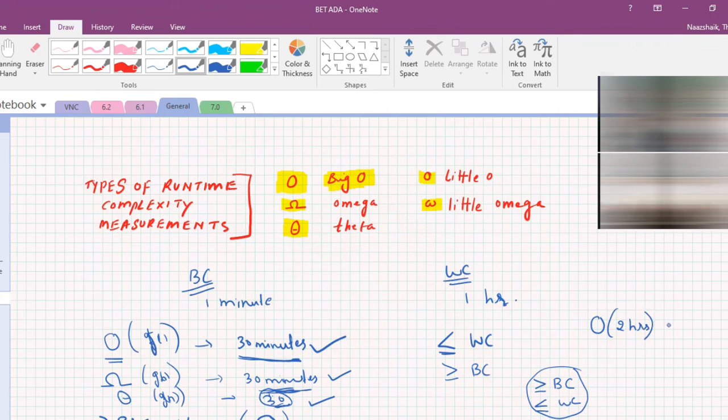Now, if I say big O is 2 hours, is this correct? Is my algorithm meeting the requirement or not? No. If I say omega of 5 hours, is it meeting the requirement or not? What is omega?